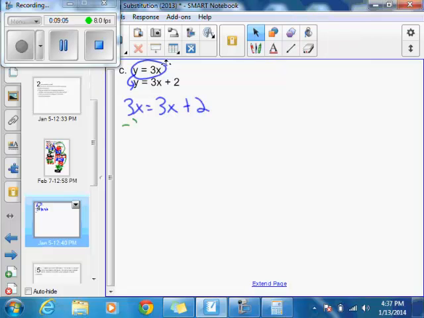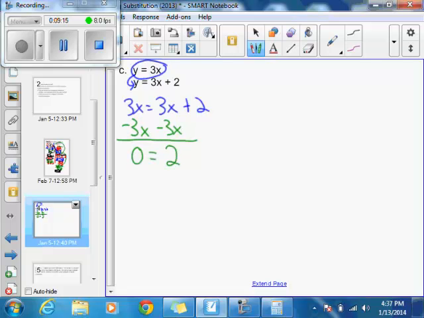We want to get our x's on the same side. So let's see, we get 0 equals, well that's going to go away. So 0 equals 2. That's never true.